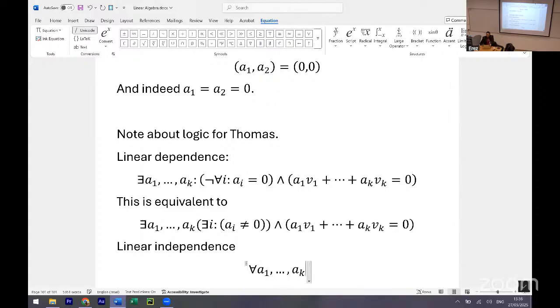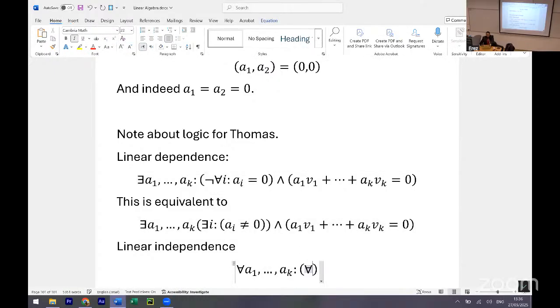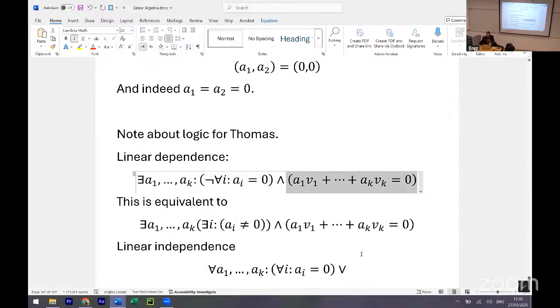What is the negation of "and"? It is the "or" of the negations, right? So one way to write it is: for all I, AI is zero, or the sum is not zero.